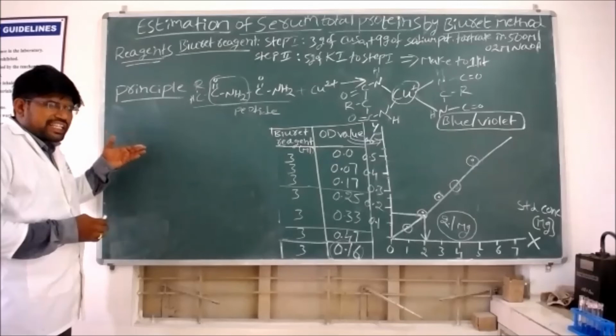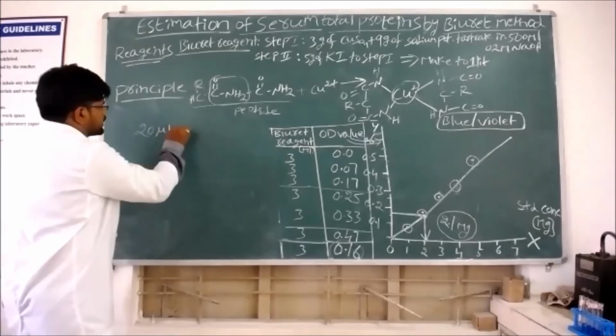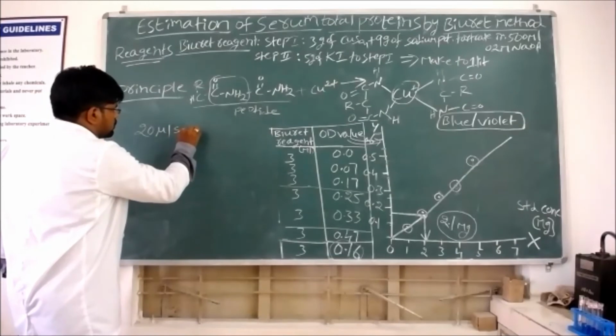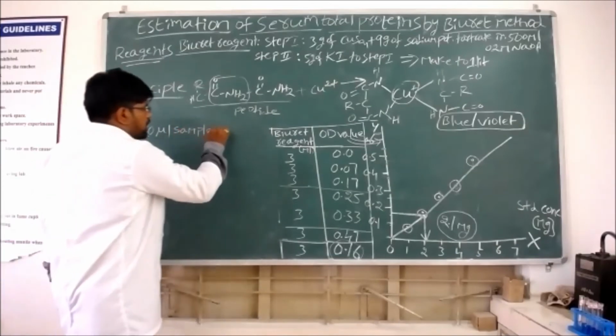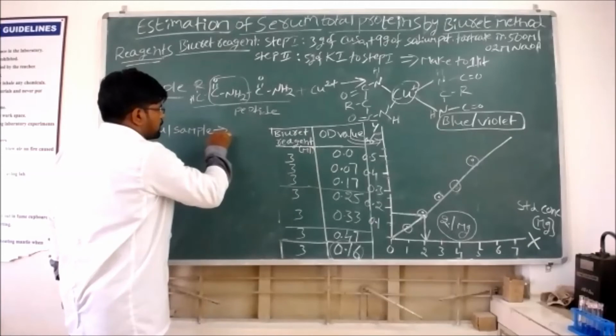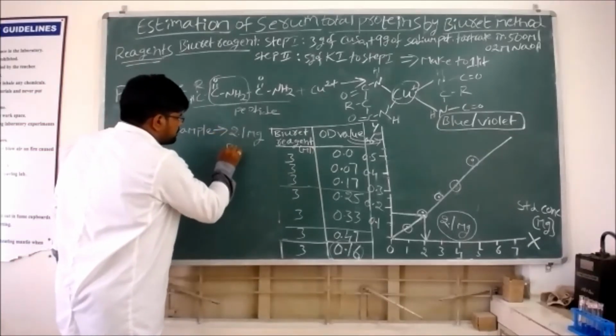We took 20 microliters of the test sample, 20 microliters of serum. This 20 microliters of serum contains 2.1 mg of the protein.